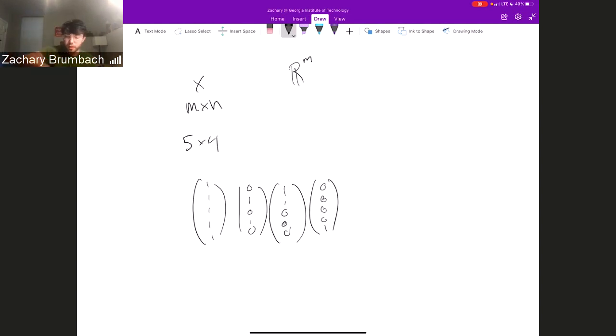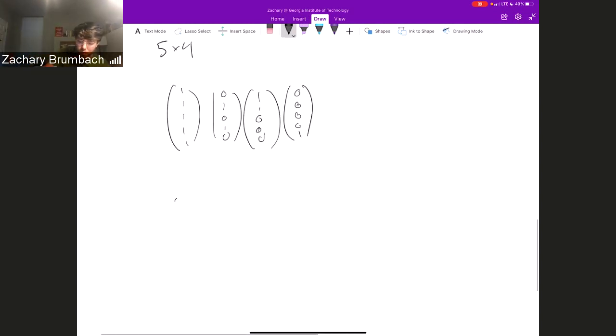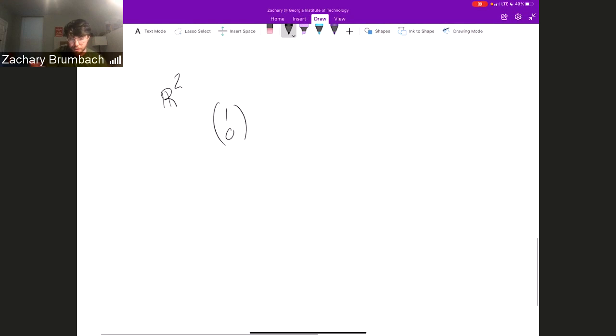The simplest example I can think of is if we're in R2, okay? If we have this vector here, 1, 0, this is a 2-dimensional vector, meaning it has 2 different components. What does the actual span look like? It looks like a 1-dimensional line. On the graph of x1 and x2, this looks like this, right?